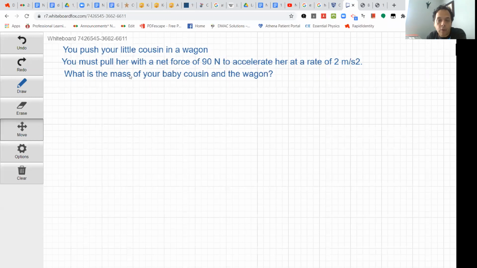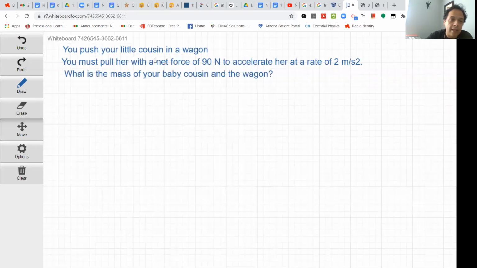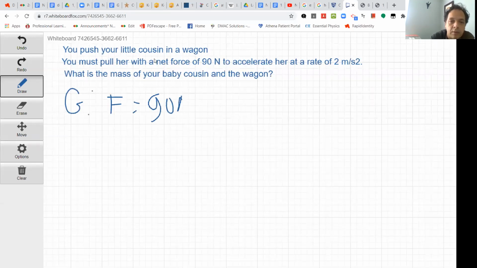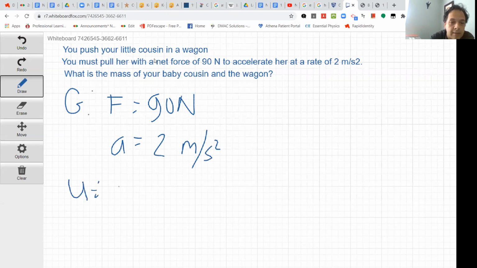All right. So you push your little cousin in a wagon. You pull her with a net force of 90 newtons to accelerate her at a rate of 2 meters per second squared. What is the mass of your baby cousin in the wagon? All right. So what's given? We know the force is 90 newtons. We know the acceleration is 2 meters per second squared. The unknown, they want to know what is the mass.